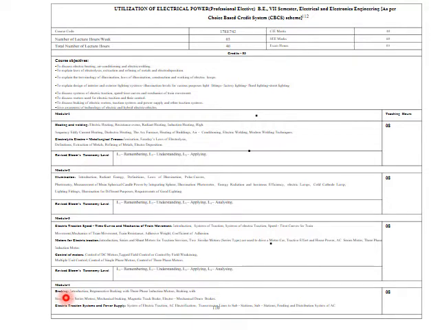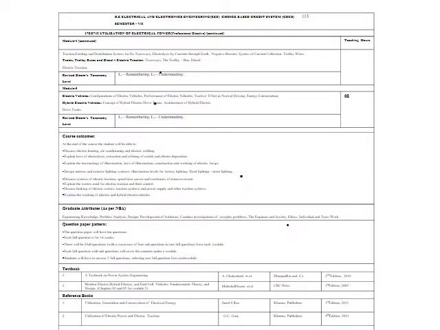Then in this particular module the other chapter is electric traction system and power supply. So how you are going to provide supply to your various motors we are going to discuss in this particular module. Okay, so this is the continuation part for module 4.